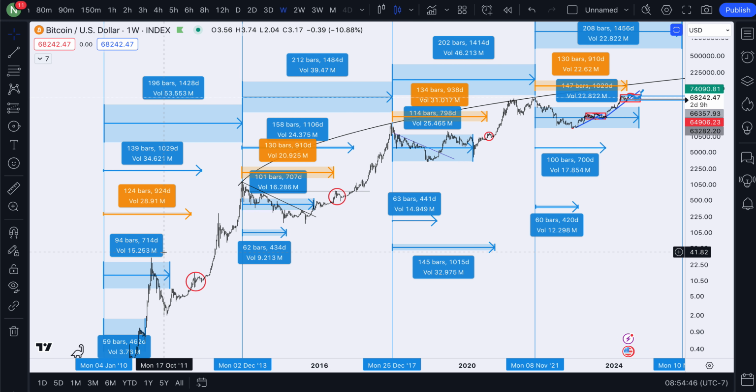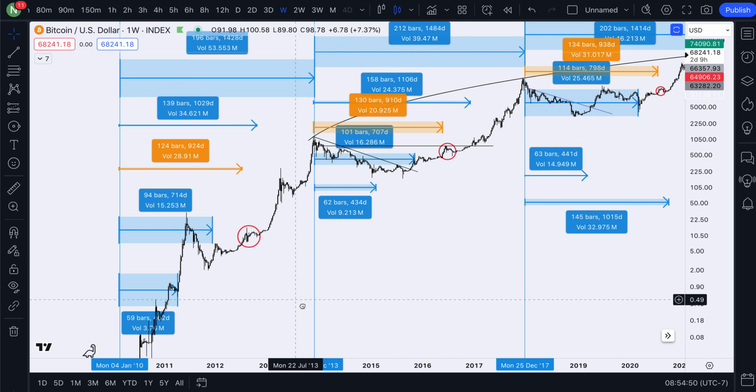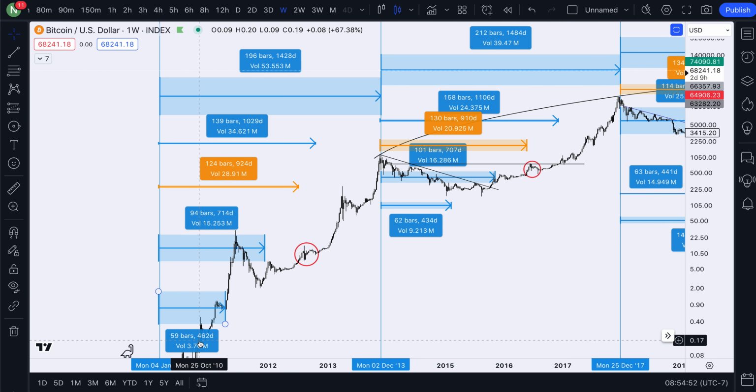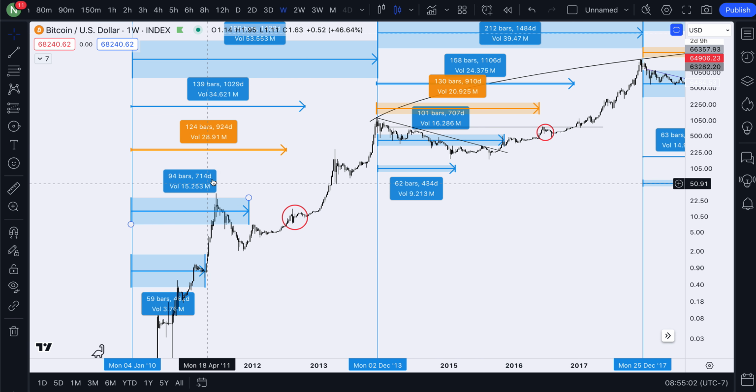So starting off with the first cycle here, from the beginning, the first pull being 462 days. We have a small pullback before Bitcoin has a big push up. And then the 700-day point, and keep in mind for all of these, give or take 100 days.